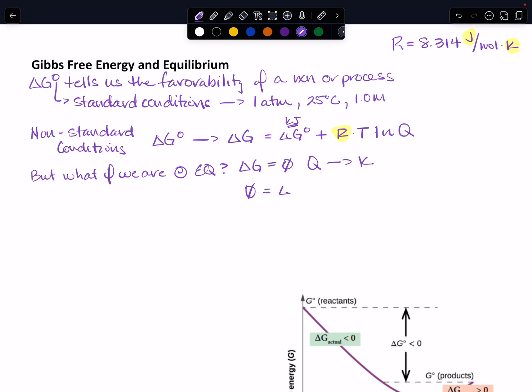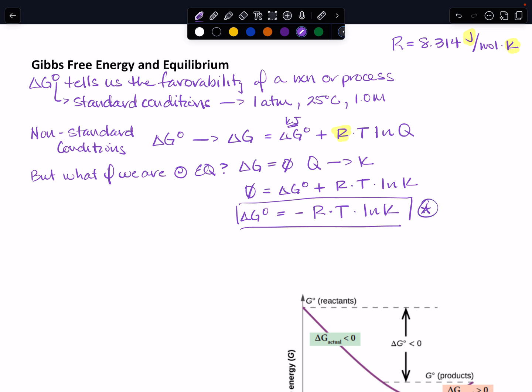We're going to have 0 equals our standard free energy value plus R times T times the natural log now of K. And we can solve this for delta G under standard conditions. So another way to calculate delta G under standard conditions is equal to the negative value of R times T times the natural log of K. This formula is very important because it allows us to relate the free energy of a reaction or process to its equilibrium constant.